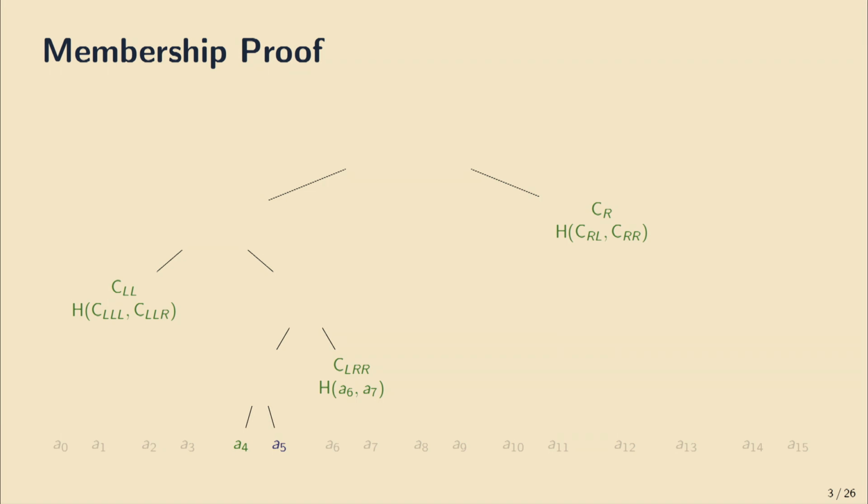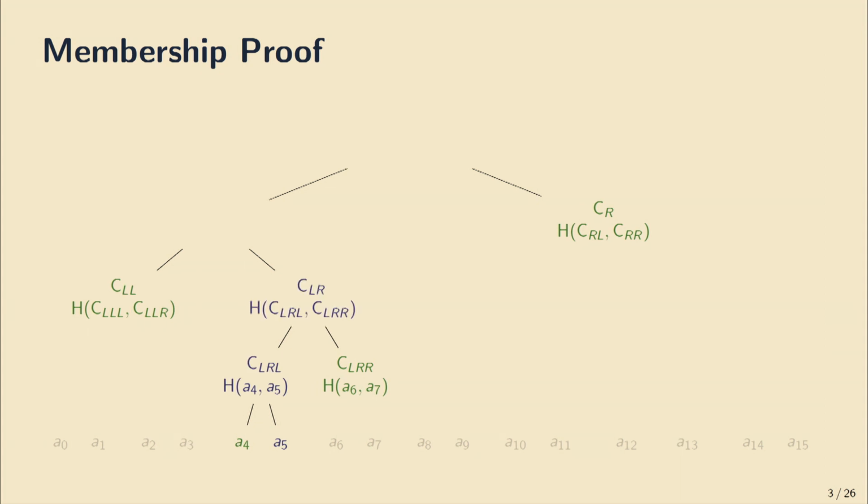You just recompute the hash structure until you end up with the root. And if the root matches, you're convinced that the element that you started with, in particular in this example A5, is indeed a member of the set. I'm hoping most of the people in the audience know about this. In case you don't, that's what a Merkle membership proof is.